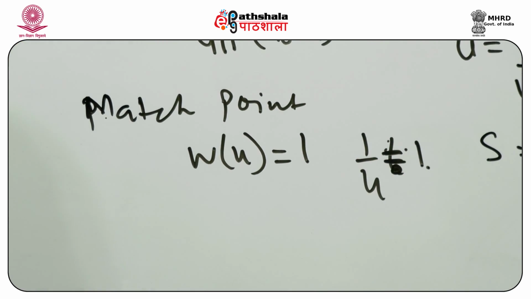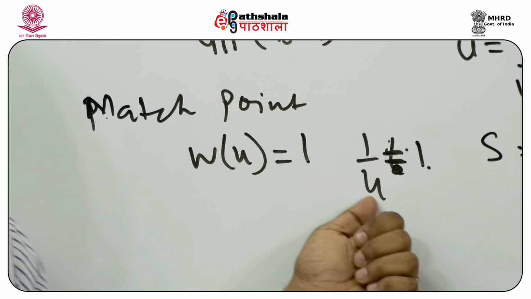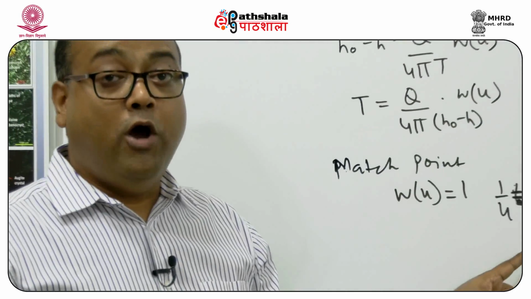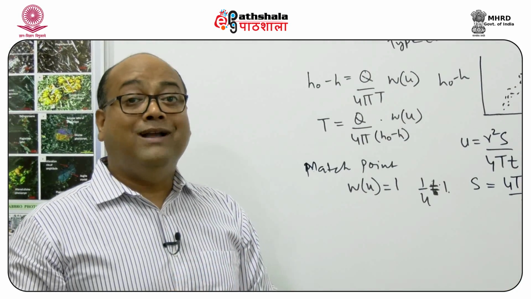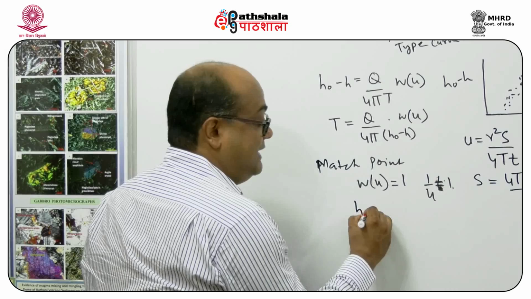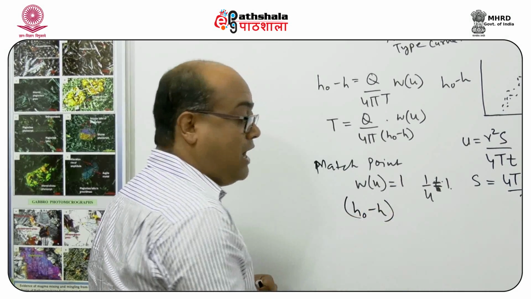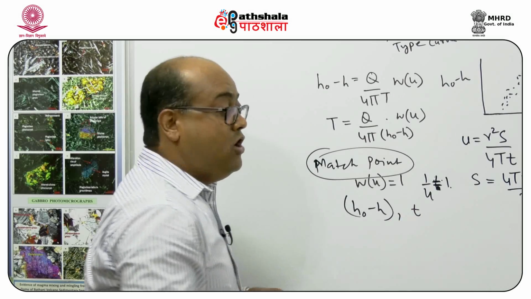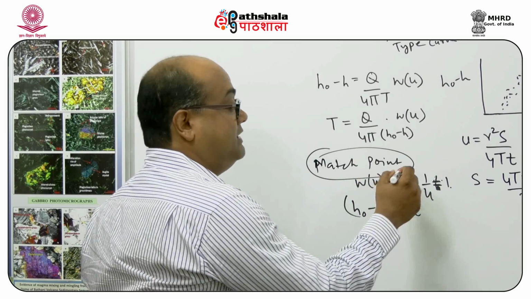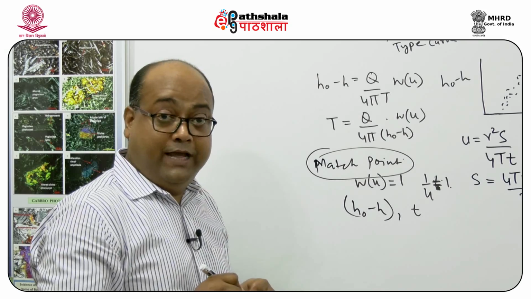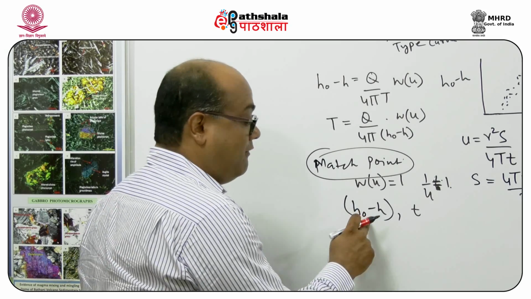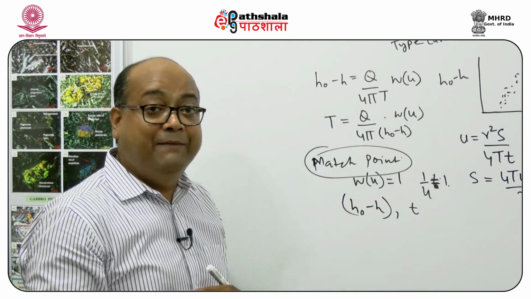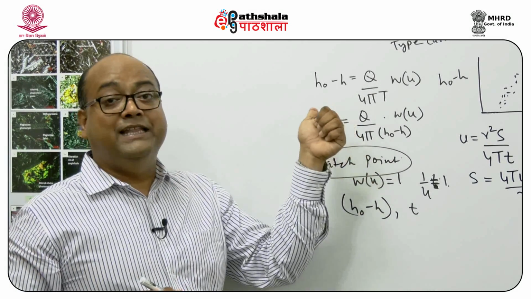So if this is the match point, then at this particular point we try to find out the value of h0 minus h, that is the drawdown, and also the value of t at this match point. Once we get the value of the drawdown and that of the time, we can put these values in the equation.